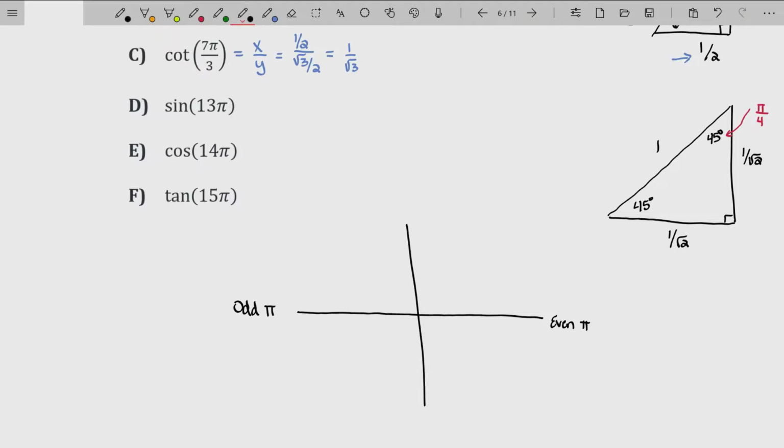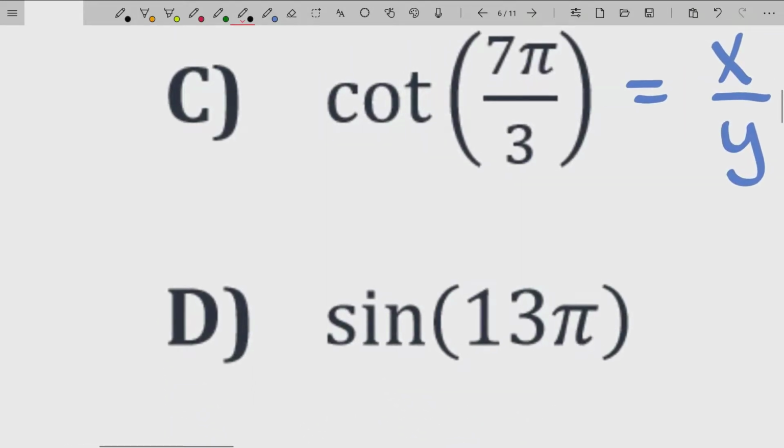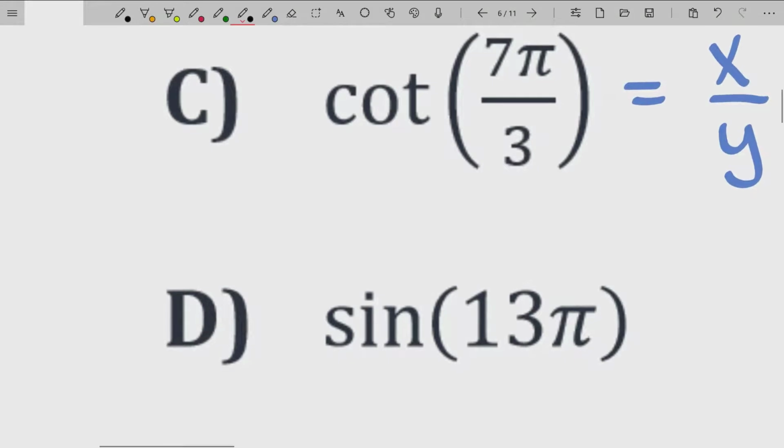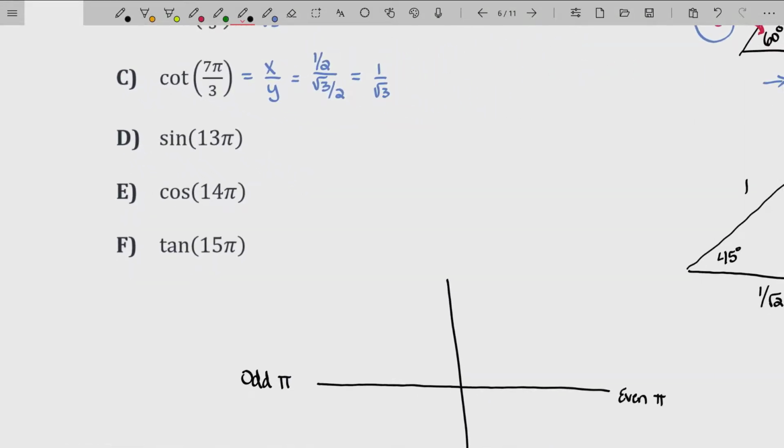Then you could start just looking at, well, is that an odd number times pi, or is it an even number times pi? And it's an odd number times pi, so we're going to eventually land right here at the point -1, 0. The sine is the y value, so that's going to be 0.